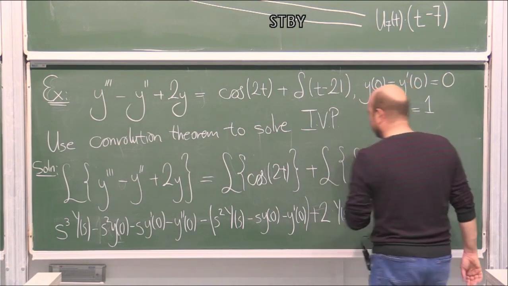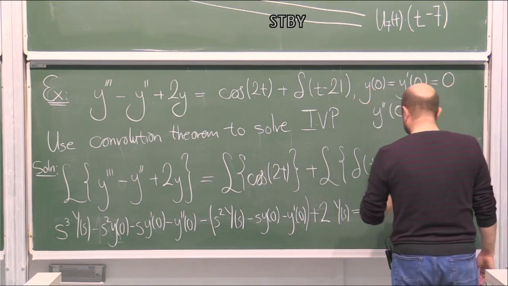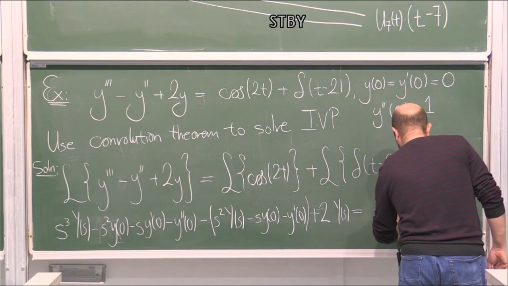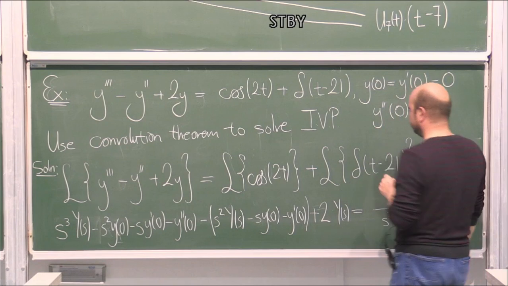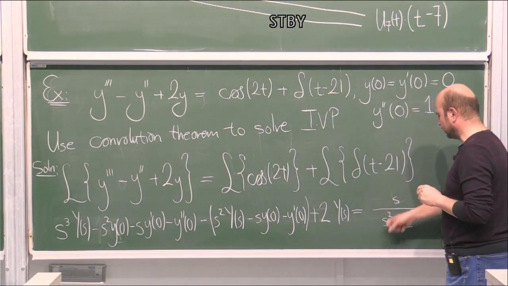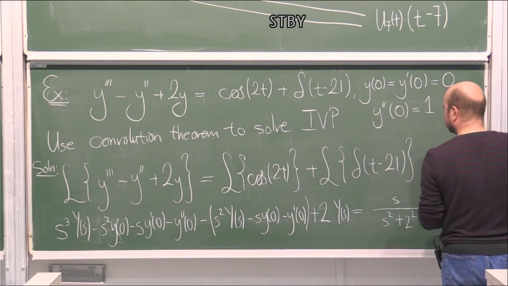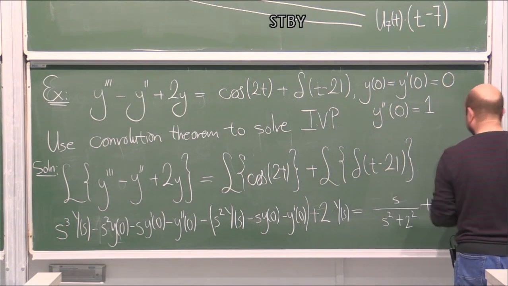On the other side, we have the Laplace of cosine 2t, so this is going to be s over s squared plus 2 squared. Remember, s over s squared plus a squared. And the Laplace of the delta function is e to the minus 2 pi s.